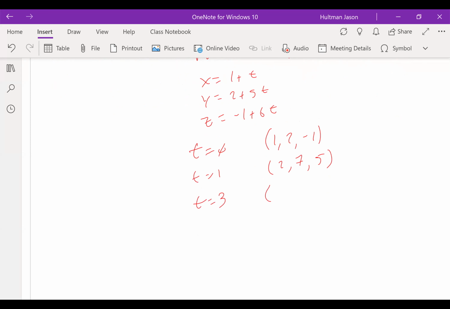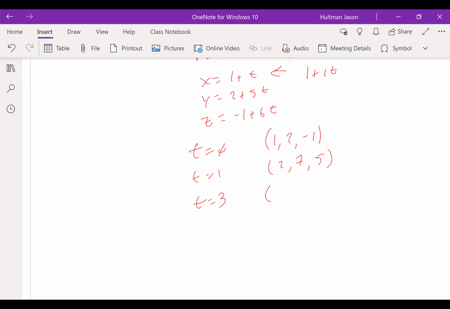Now the idea here is this. Think of this as 1 plus 1t, where this is a line. Think of this as the intercept when t is equal to 0, and then the slope is 1 here.